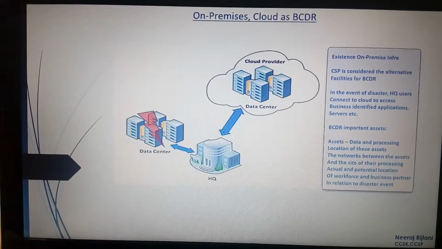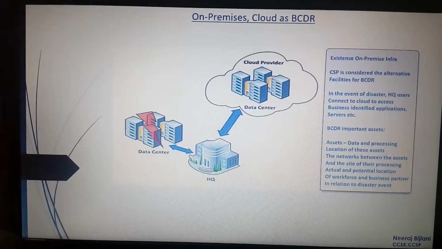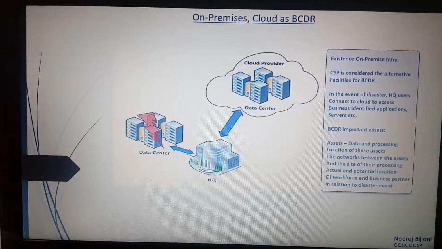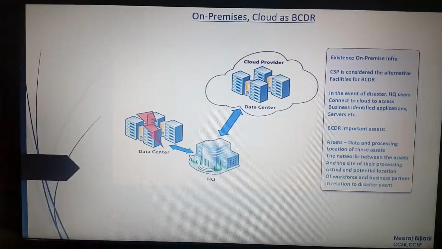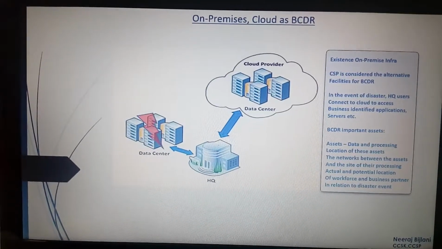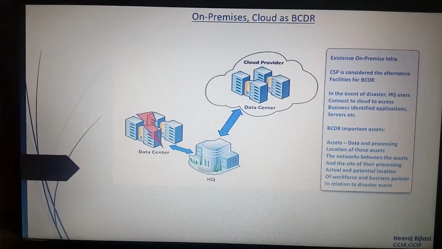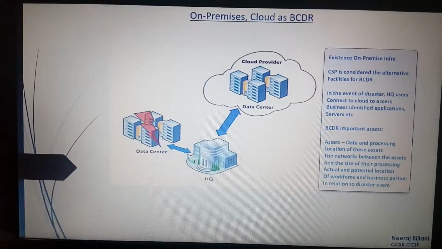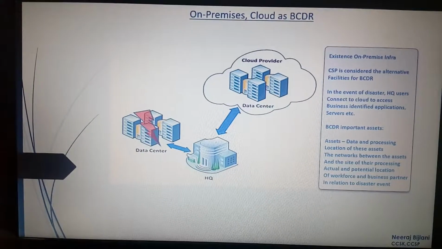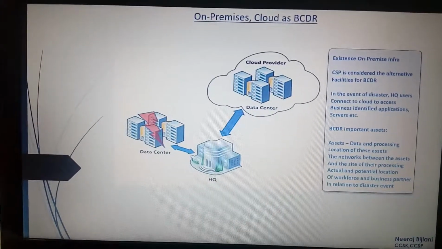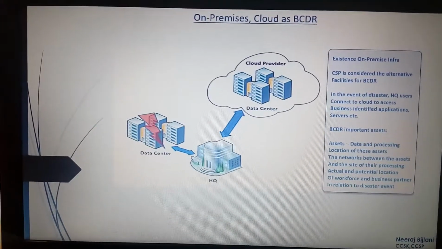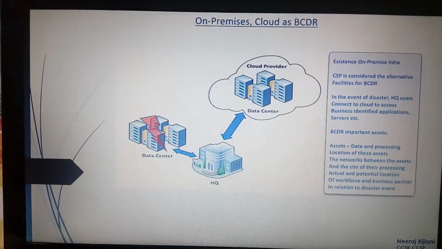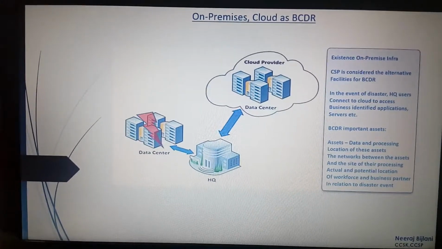So BCDR planning and important assets are very important. You should be aware of the important BCDR assets: data and processing, the location of these assets, and all the networks connecting the assets and the sites of processing. Then there is the data, BCDR planning, and headquarter users connecting to cloud.